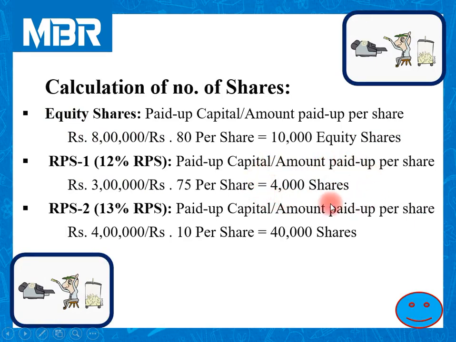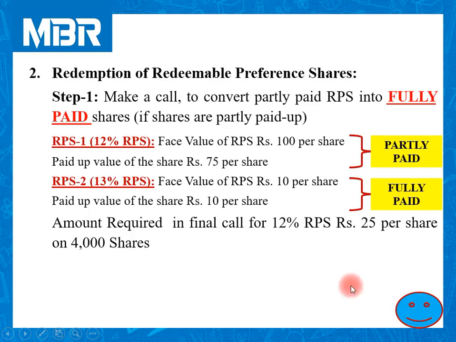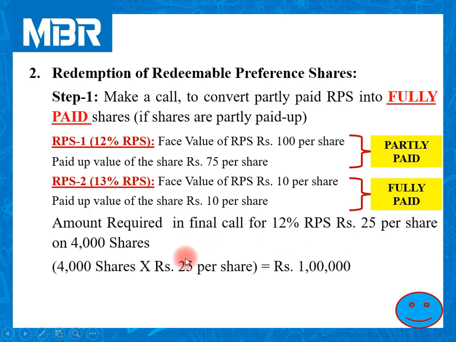From these 4,000 shares, we can easily find the amount. Face value 100, paid up value 75, so per share outstanding amount is rupees 25. We need to make a call on 4,000 shares, so the total amount is 4,000 shares multiplied by rupees 25 per share, totalling rupees 1 lakh.